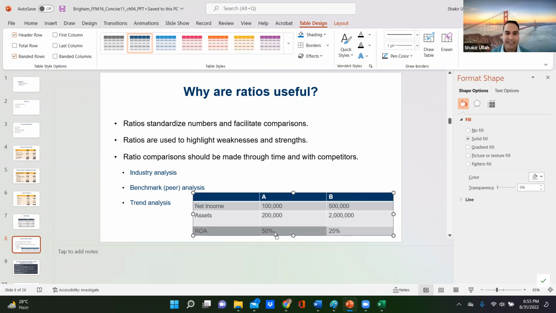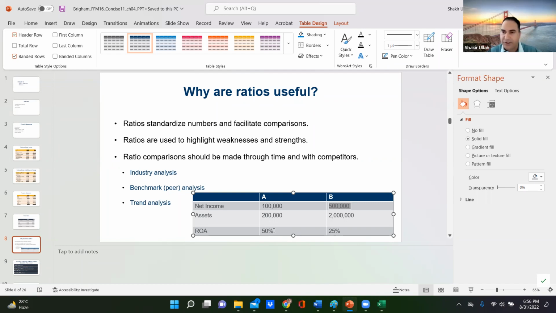It makes it easier for us to decide which company might be better. So on the surface, by looking at just one ratio, it appears that company A is much better than company B, even though its income was only 100,000 as compared to the 500,000 of company B. But efficiency-wise, company A is much better. Again, we cannot decide with absolute truth that, hey, by looking at just one ratio that company A is better.